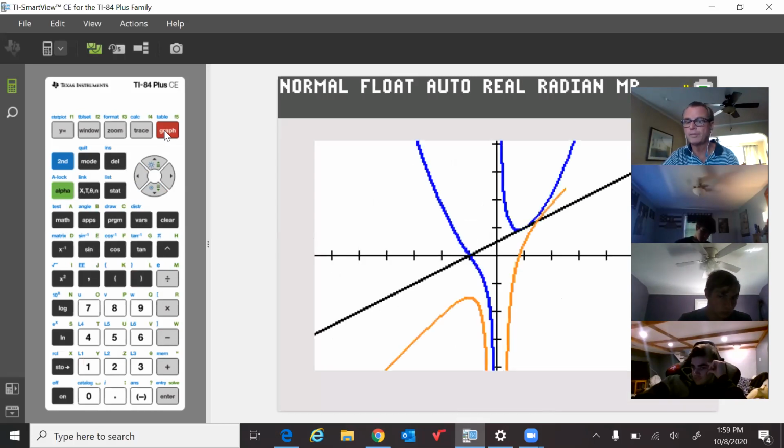There's the tangent line, and it's tipping the graph at the point, 1 to the right, up 1. Because the slope of the blue graph at 1 is the height of the orange graph at 1, which would be 1/2. Okay?